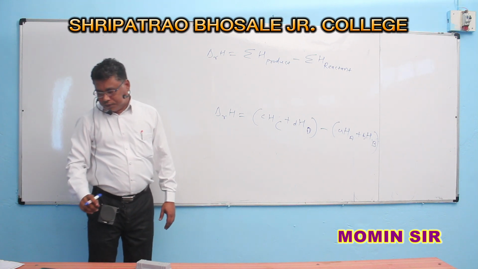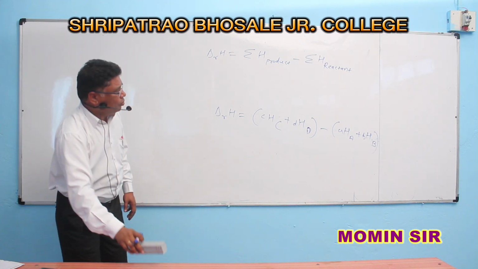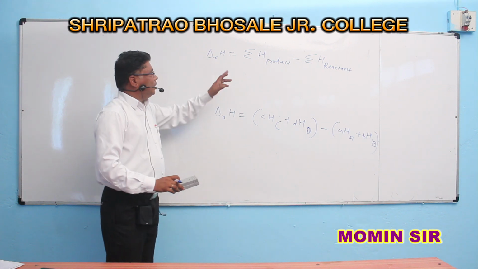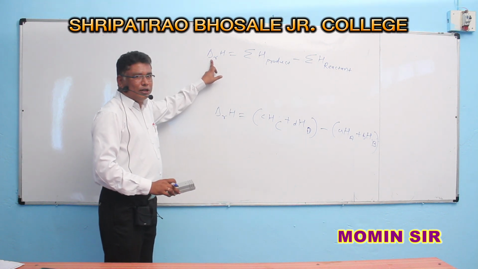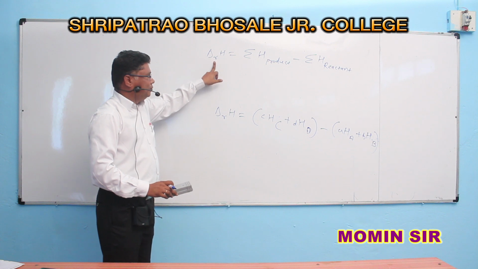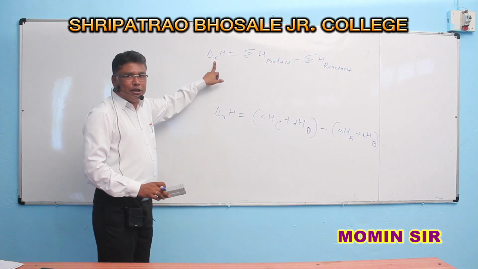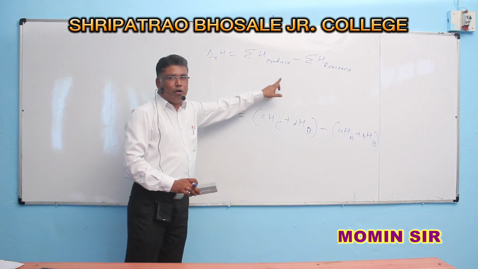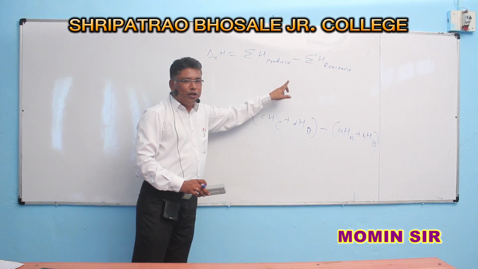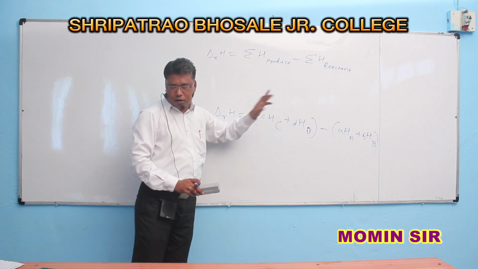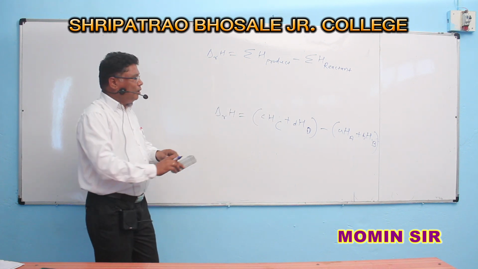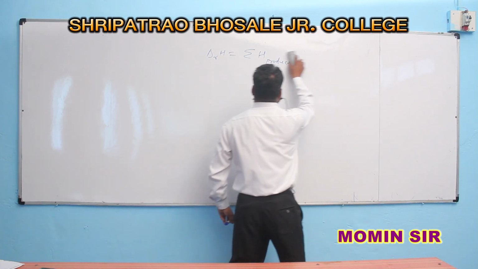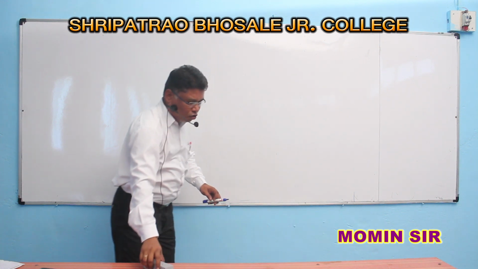So after having an idea that enthalpy of reaction is denoted as delta H R, and how it is found out, that is summation of enthalpy of products minus summation of enthalpy of reactants, now exothermic and endothermic reactions.